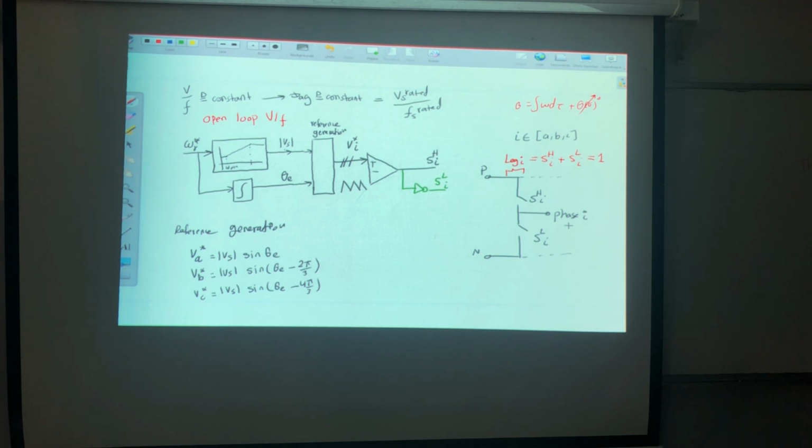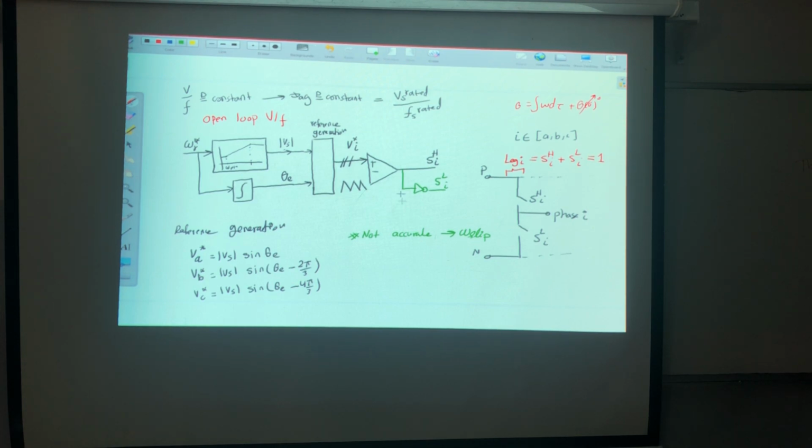Okay. So now we said that this one is open loop. So in general, we will have what? Error or mismatch. Due to what? Due to slip. Good. So this one is not accurate enough, due to omega slip, because it's open loop.